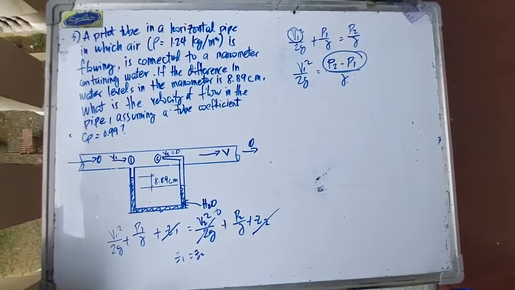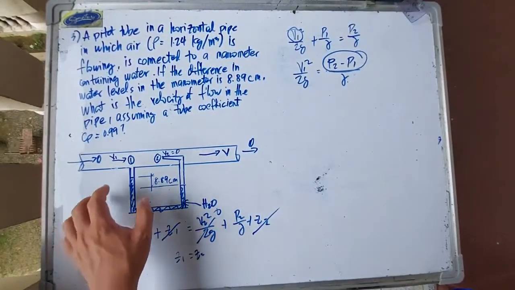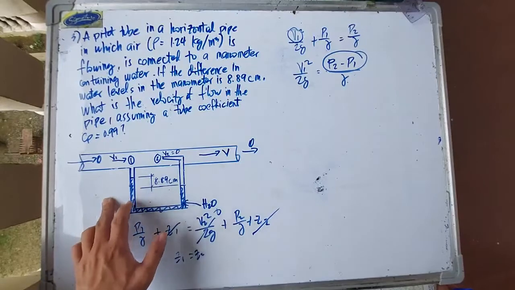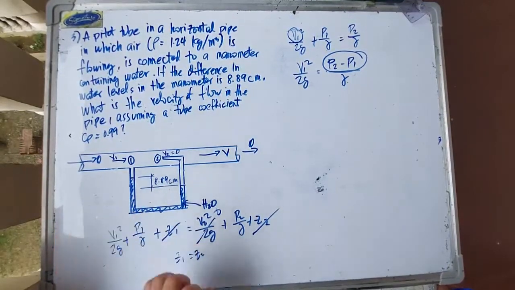How do you solve for the difference in pressure? We have a differential manometer here, and a differential manometer is used to measure the difference in pressure between 2 points. How do we do that?